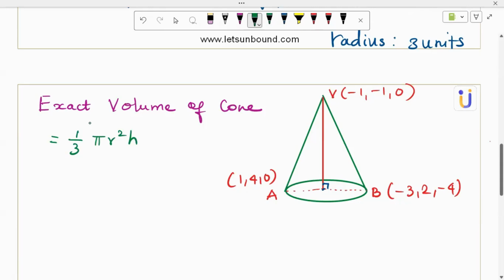You should not substitute 3.14 for pi since we are just looking for the exact value, not a decimal. The radius we have found, and height is the only thing we need to find. Let's simplify: 1 by 3 pi times 3 squared times h, and we can cancel out the 3. So we get 3 pi h. Once you find the h, we will get the exact volume.